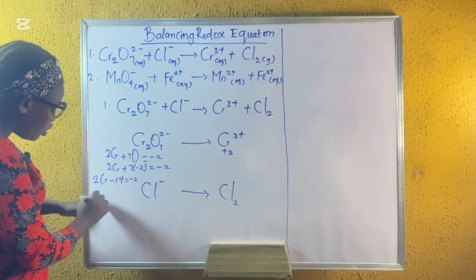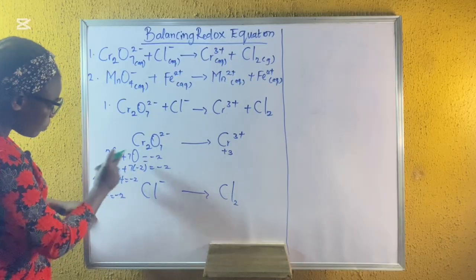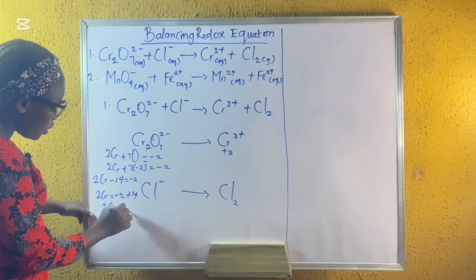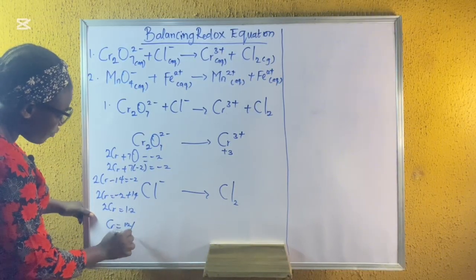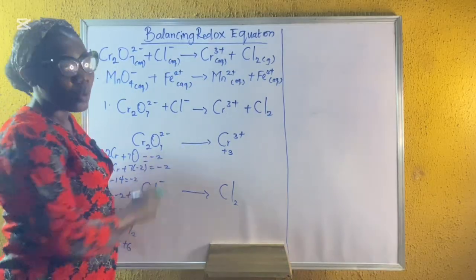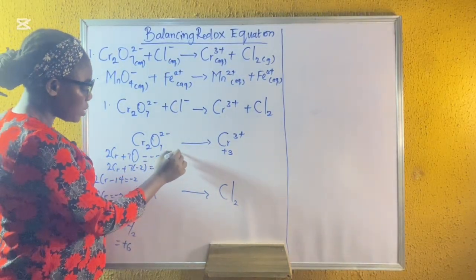So 2Cr equals -2 plus 14, which is 12, and Cr equals 12 over 2, which is +6. So the oxidation number of chromium in Cr2O7 2- is +6.